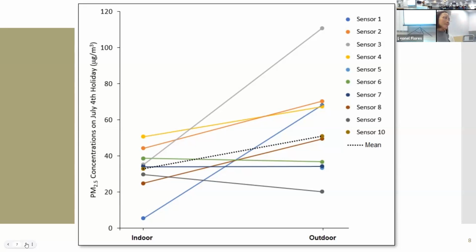So this is good. However, I'll show later that it can be better. You would want the left side indoor concentrations to be even lower, despite the outdoor high concentrations. Next.